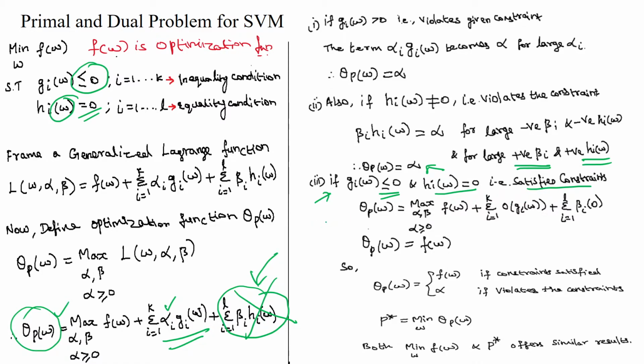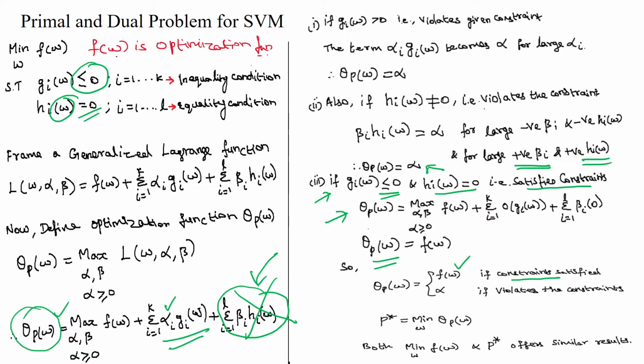So now this is the Lagrange function we have. We can say this theta Lagrange function satisfies the objective function when the constraints are satisfied.